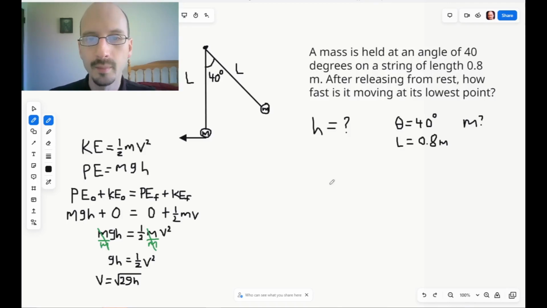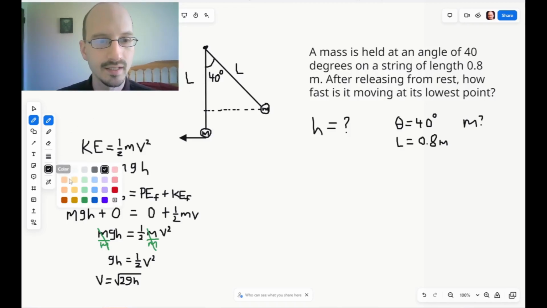So your first thought might be, h is height, right? They give us a height. The height they give us is the length of the string. So h equals 0.8 meters, right? Well, that is not correct, because remember, height in potential energy means the change in the height of the object, which means that the height is what we get if we take the difference between the height of the object at the beginning and the height of the object at the end.